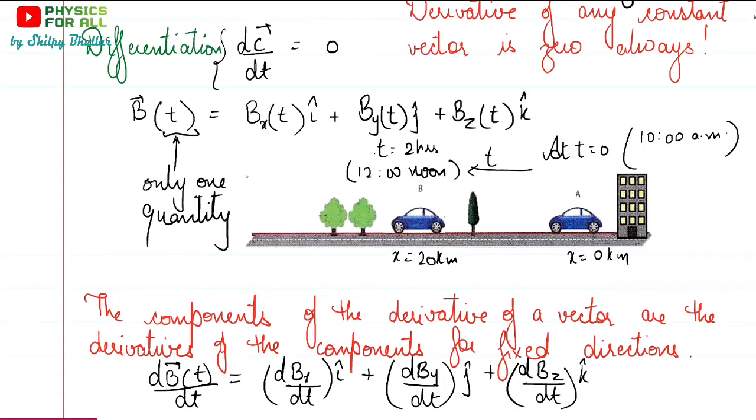But what if this vector function b depends on more than one quantity? In that case, we have to take the differentiation of b with respect to all those quantities, because whenever those quantities change, b will change. So we cannot say that we are taking simple differentiation; instead, we say that we are taking partial differentiation.